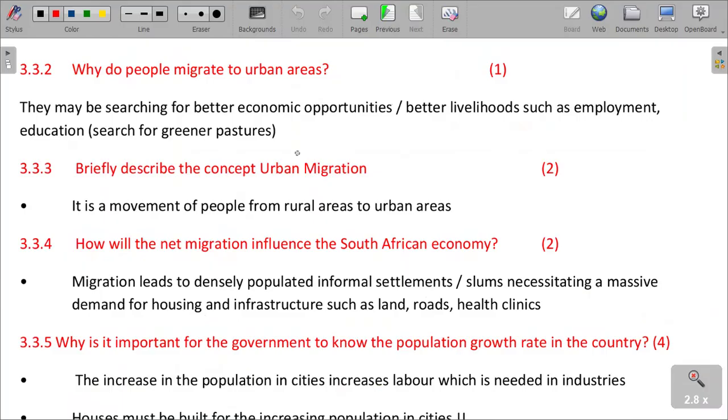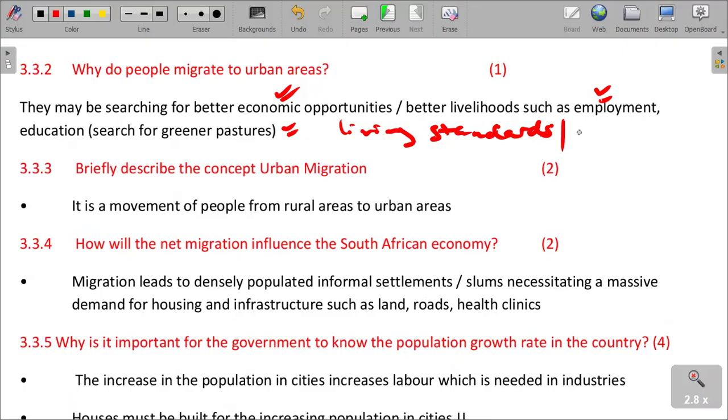And then why do people migrate to urban areas? It is because of the search for better economic opportunities and better livelihoods, such as employment. We talk about education, or the search for greener pastures. We talk about even better living standards that can also be found there.